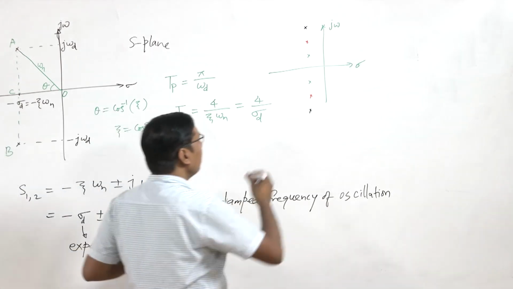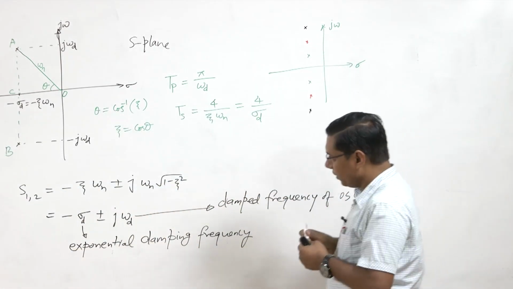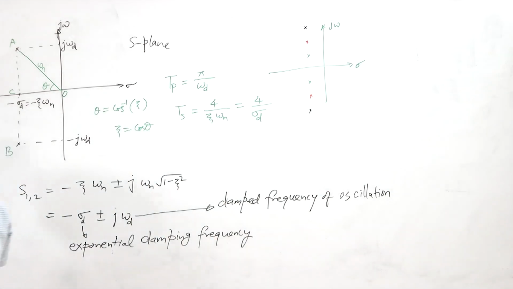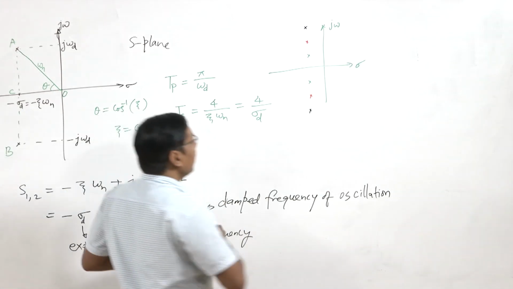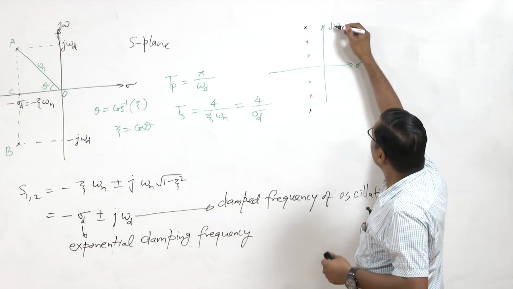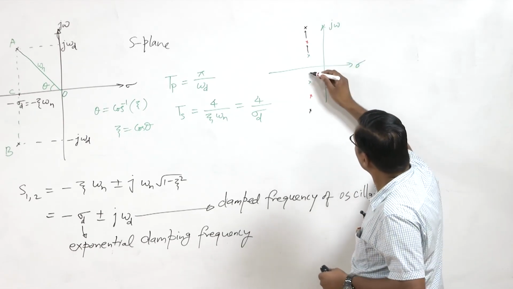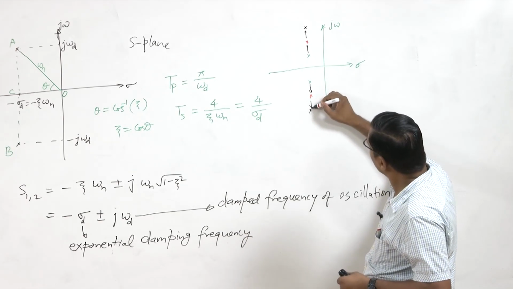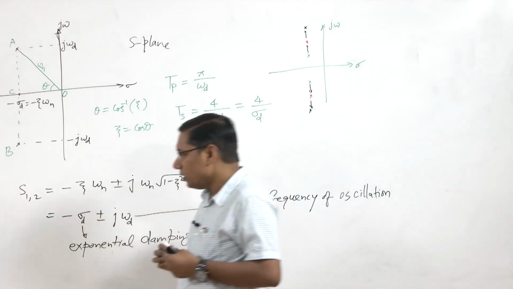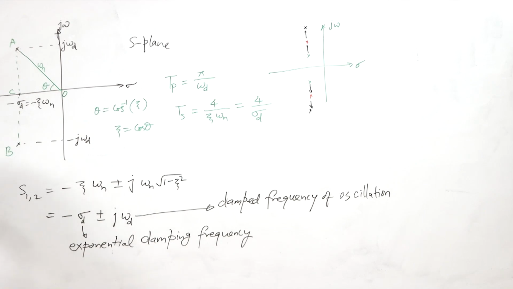If these poles start moving in the vertical direction, or parallel to the imaginary axis, what will be the response of the system?